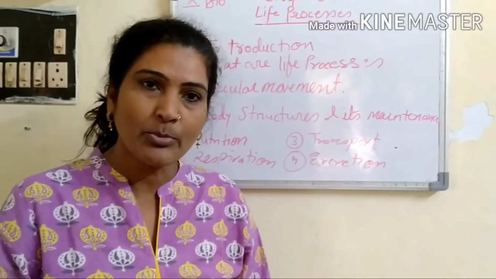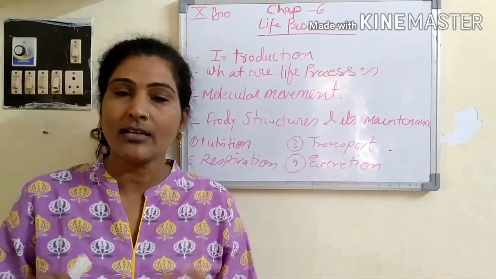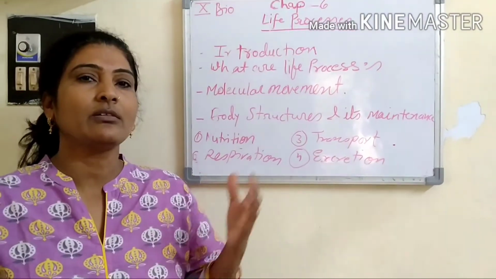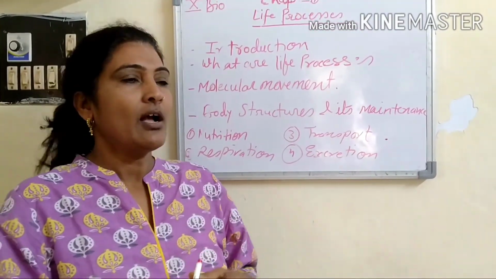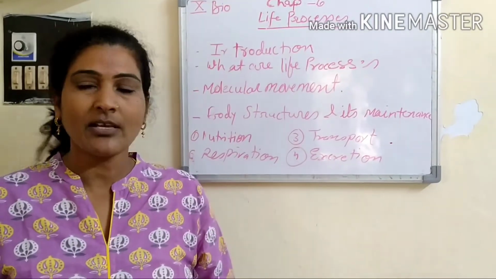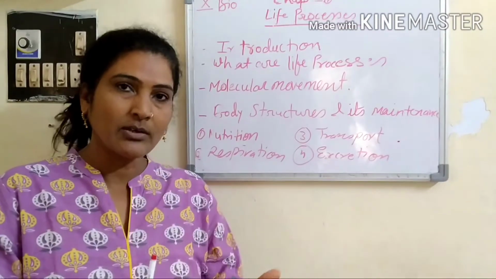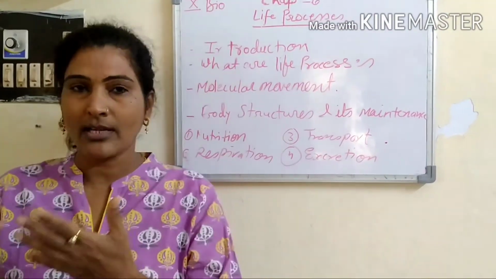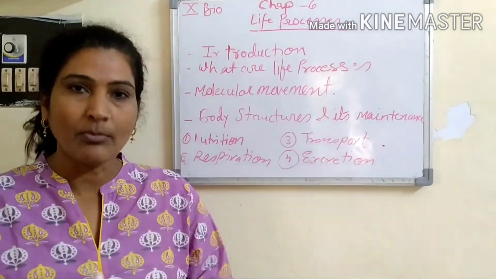Nutrition is a very important process because it provides energy. The energy sources are available outside the body, and we need to take those sources so that we can have energy. In the environment there are different types of food sources, and they differ in their level of complexity, that is, they are made up of carbon compounds.